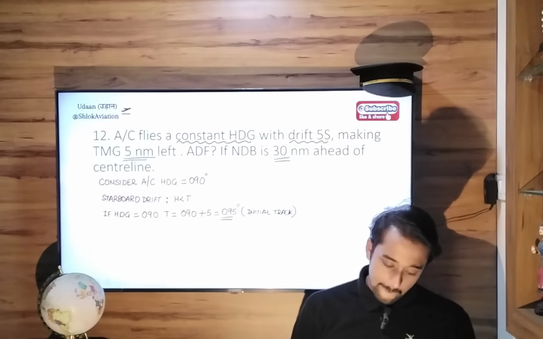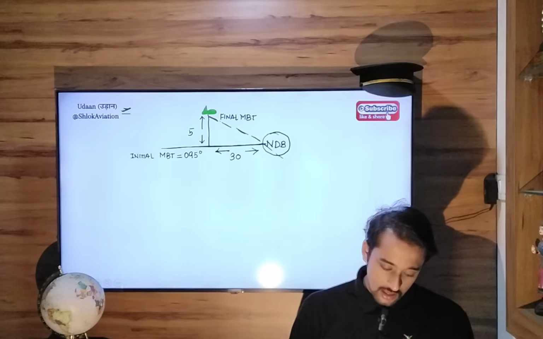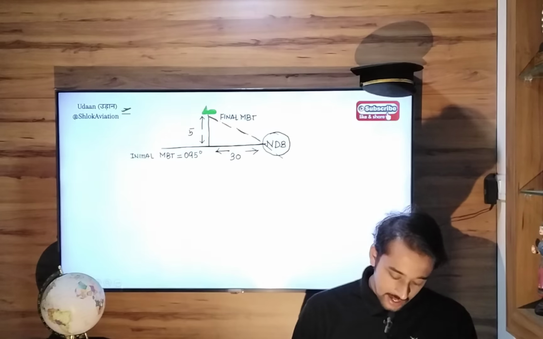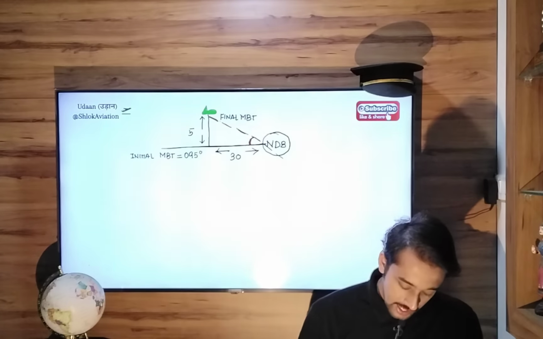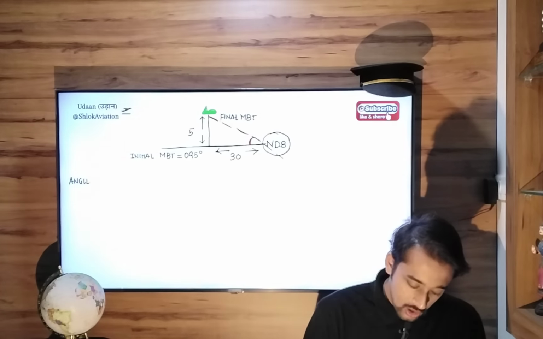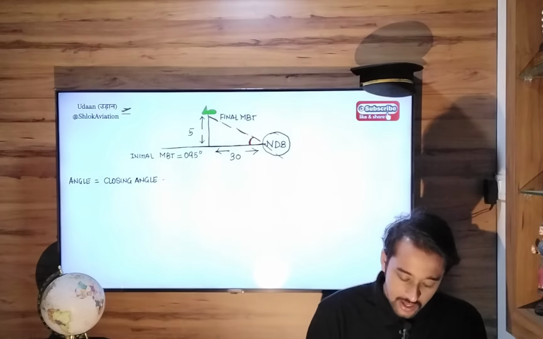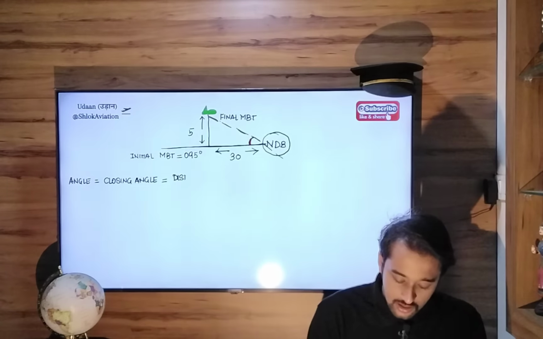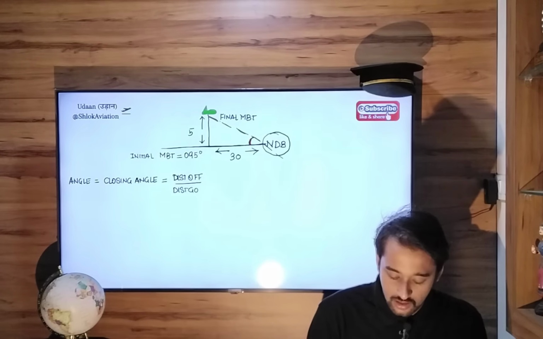So let's calculate using this 1 in 60 rule the angle over here. That angle will be a closing angle, which will be equal to distance off track by distance gone into 60.